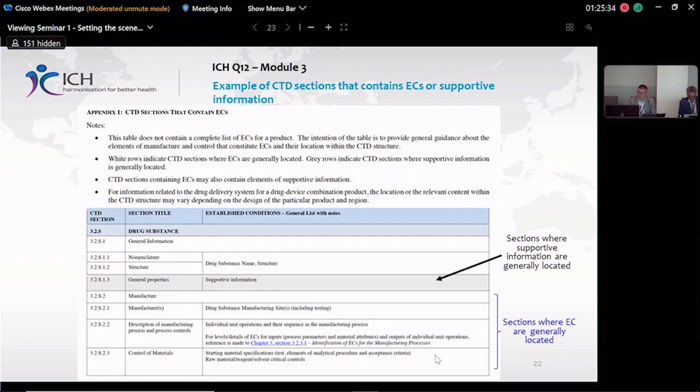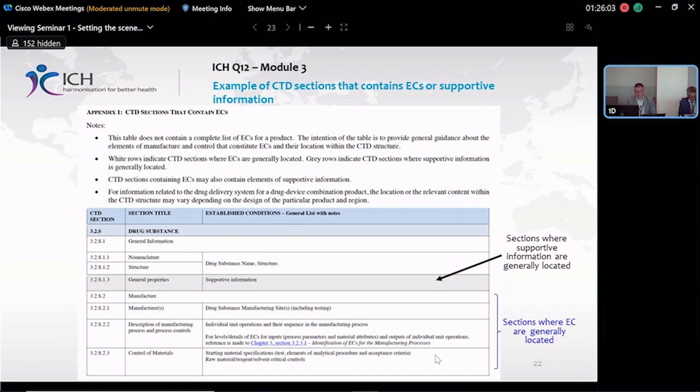So again, if we look here at Appendix 1 of the Q12 guideline, Appendix 1 is a table of the CTD Module 3 structure. It goes node by node, folder by folder, and shows the different headings. And it indicates which parts of the dossier you can expect to find established conditions and which parts of the dossier would only contain supportive information.